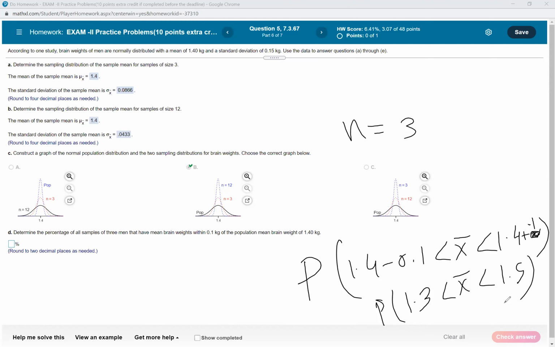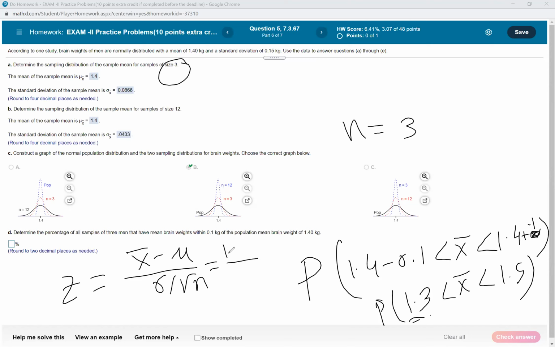So how do we calculate this probability? You first have to standardize this number 1.3. How do you standardize? X bar minus mu over sigma over square root of n. So what is x bar here for sample size 3? The x bar is 1.3. So this number is 1.3 minus mu, which is 1.4. And what is sigma?